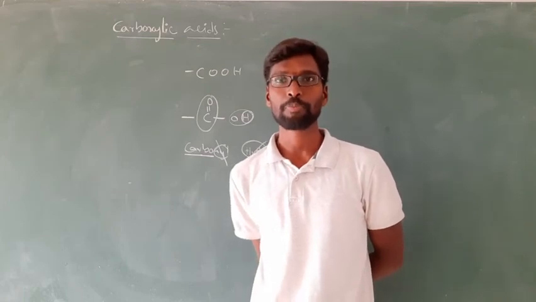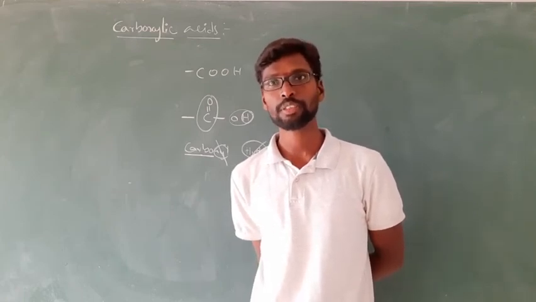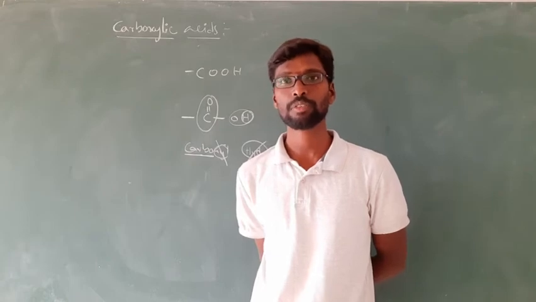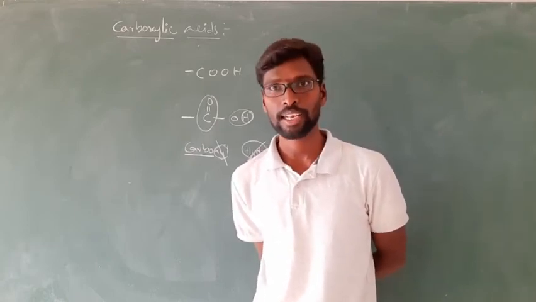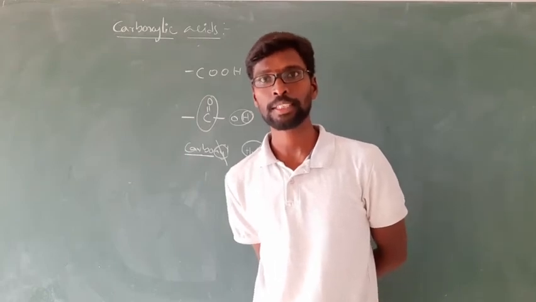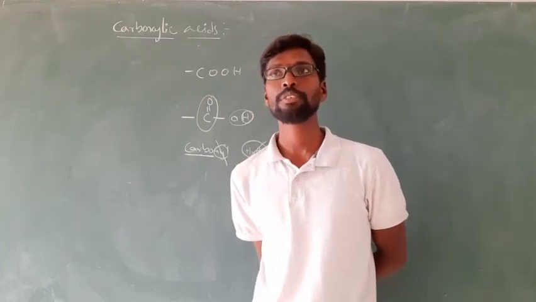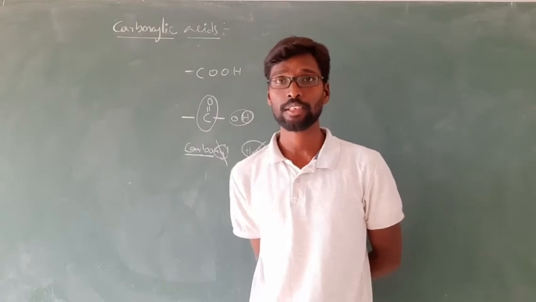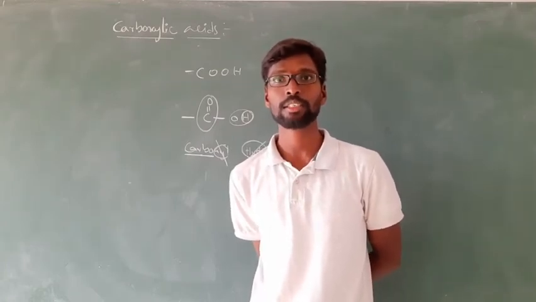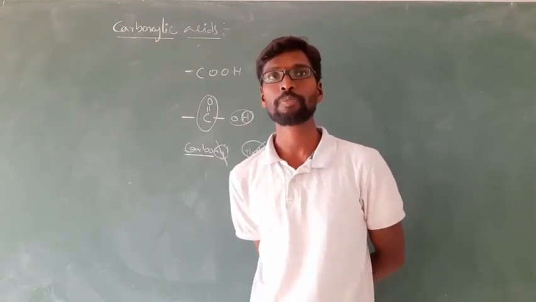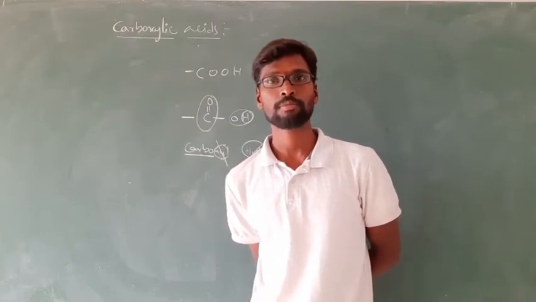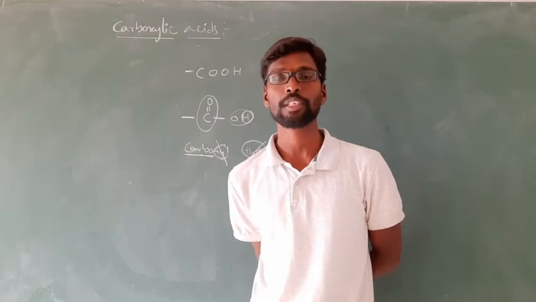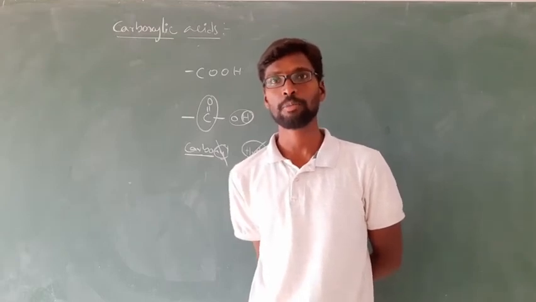From C4 onwards we have butyric acid, valeric acid, caproic acid. Starting from C6, these carboxylic acids are present in milk, like goat milk, or coconut oil.